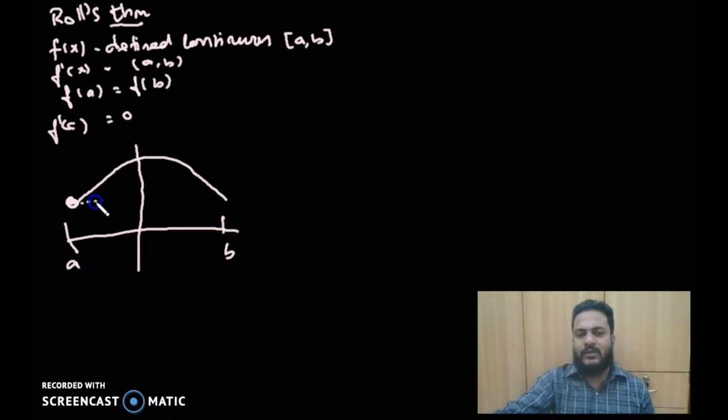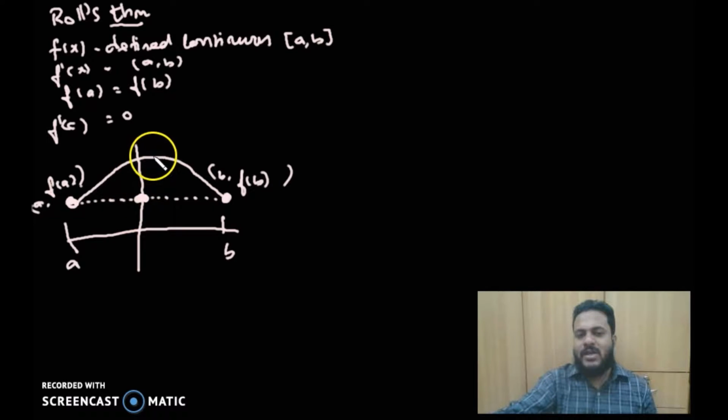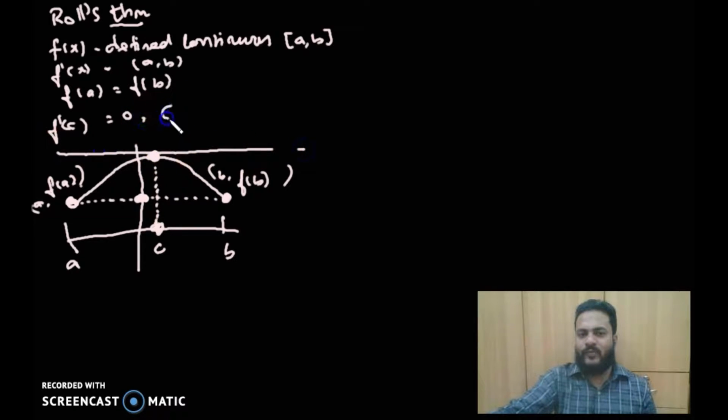This is the f of a value and this is the f of b value, so the points are a comma f of a and b comma f of b, and f of a is equal to f of b, both are the same value. Then there should be some value c in between a and b so that f dash of c becomes 0, where c belongs to the open interval a comma b.